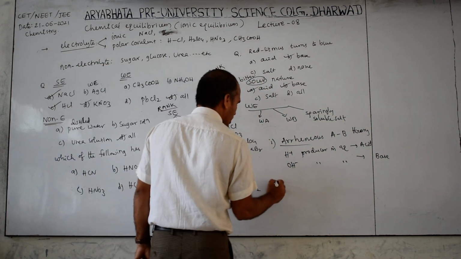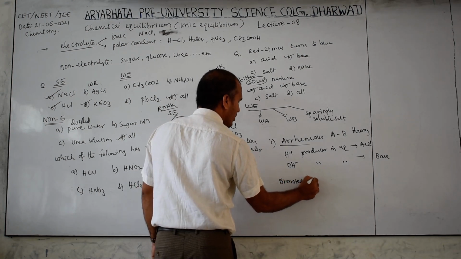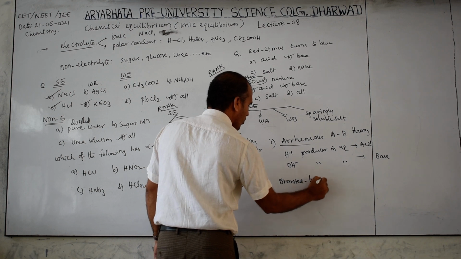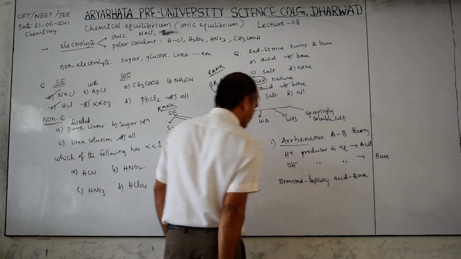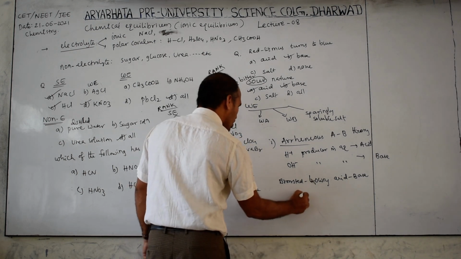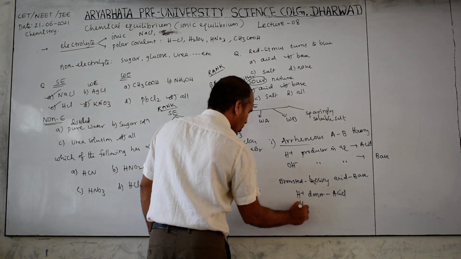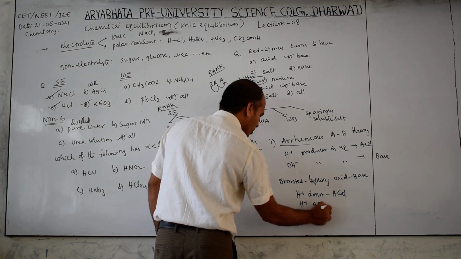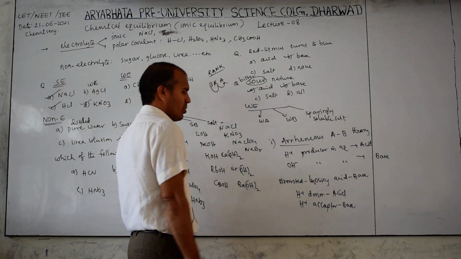And next, Bronsted-Lowry acid base theory. According to this, a proton donor is an acid, a proton acceptor is a base. This is also okay.